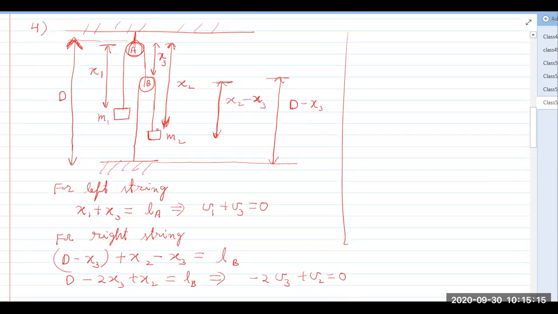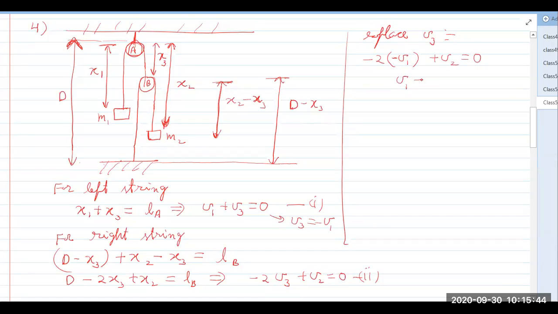So to relate them, we can replace the V3 part using equations 1 and 2. So if you replace V3, V3 will be minus V1 from here. You can put that in the second equation, so minus 2 V1, that is minus 2 times minus V1, plus V2 equal to 0.